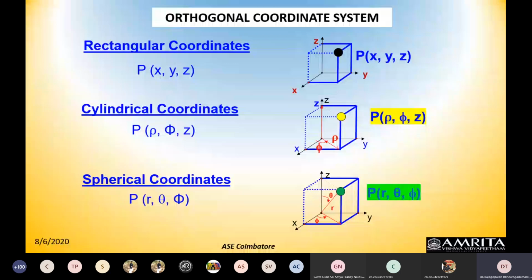Any point located on the positive z-axis has an angle of 0 for theta, and as it goes, theta increases from the positive z-axis to the negative z-axis. The angle phi, as usual, goes around. So with these three coordinates, r, theta, phi, I can reach any point on the sphere.